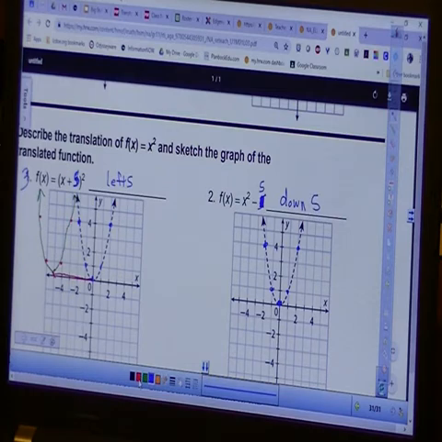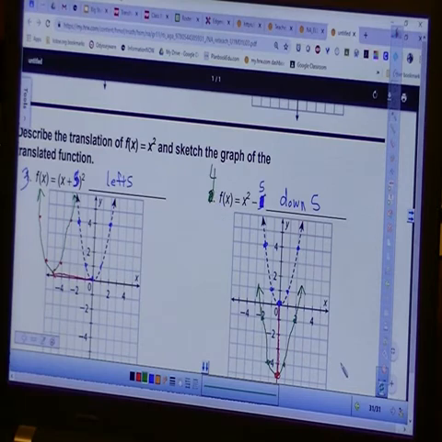Okay. So 1, 2, 3, 4, 5. Right there. So okay, there's your down 5, and that would have been number 4 of our examples.